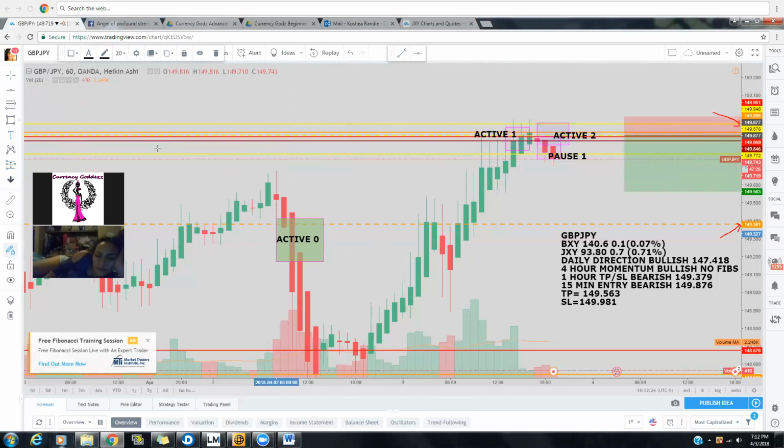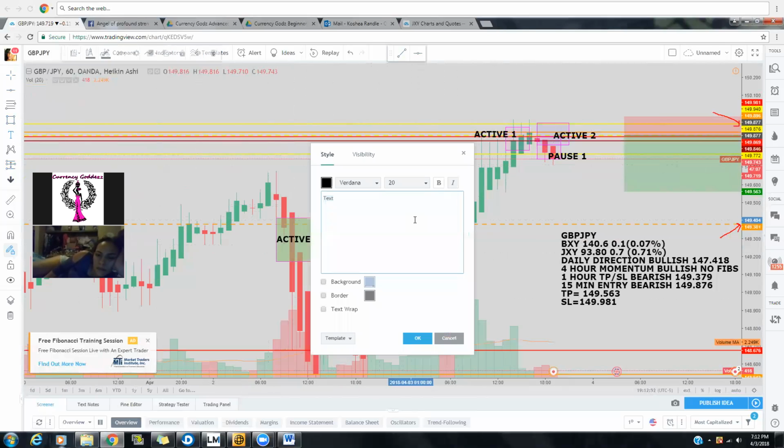Now, when the next 3 candles come in, like I said, I don't count wicks, but some people do. So you have your 3 here. And then technically you would say pause 0, active 0, 1, something like that.